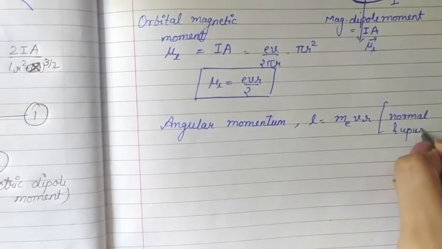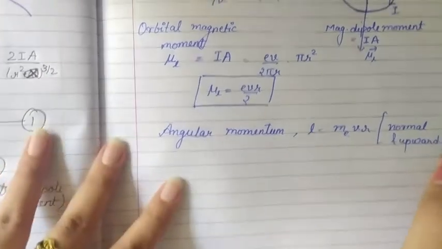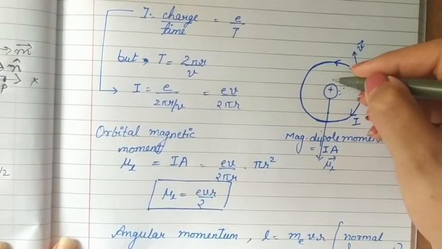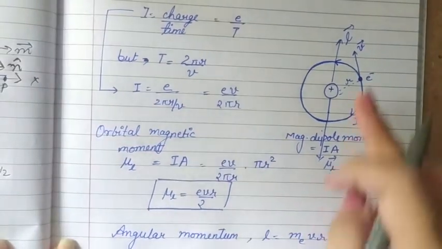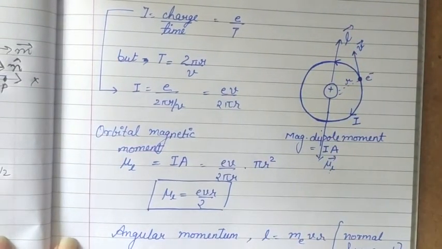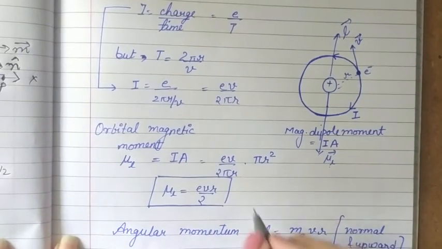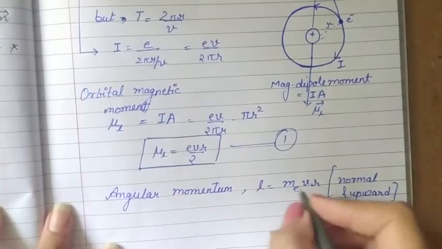The direction of angular momentum is normal and upwards, means this is the direction of L vector. So this is the direction of angular momentum. Now we have two equations, mu L and L.